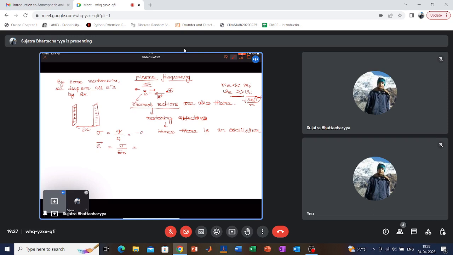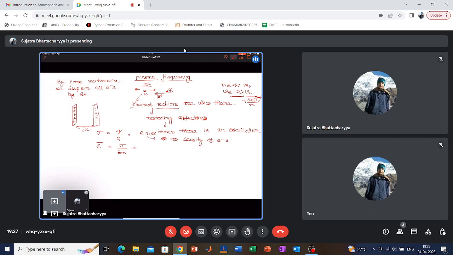Now how can we write this? This is minus e into N naught into delta x. What is N naught? N naught is the number density of electrons. So this is the charge, this is the number density of the electrons, and this is the delta x. Now check the unit.